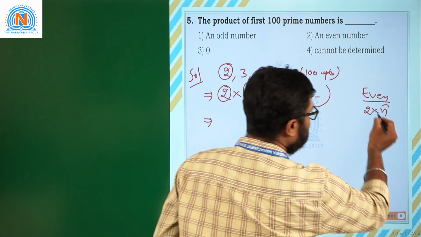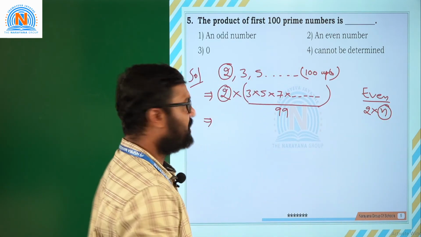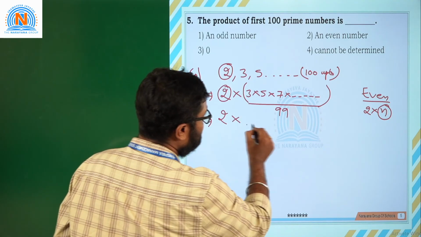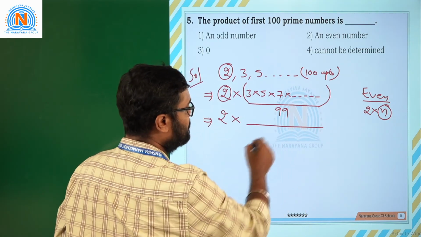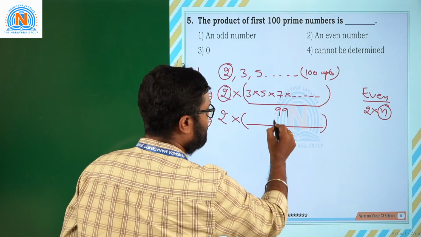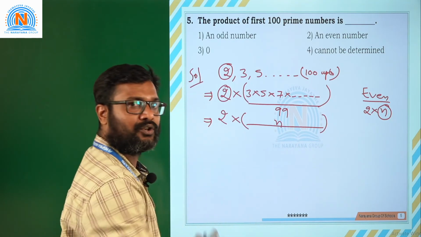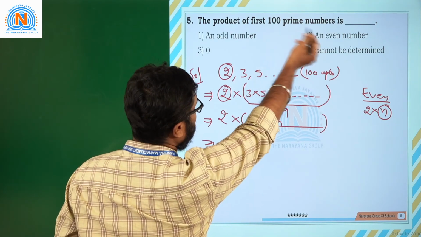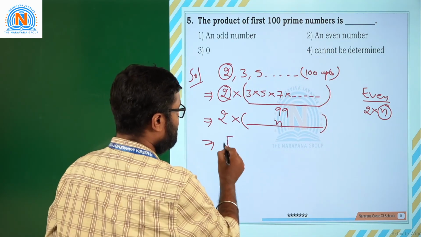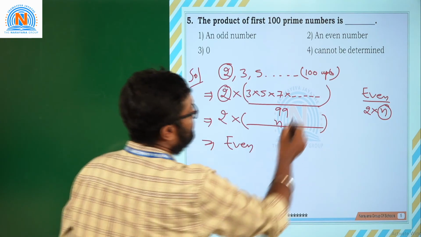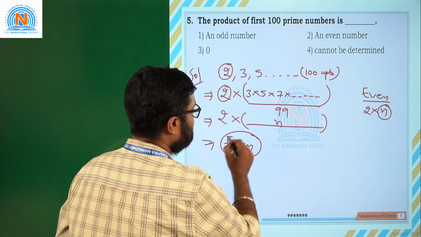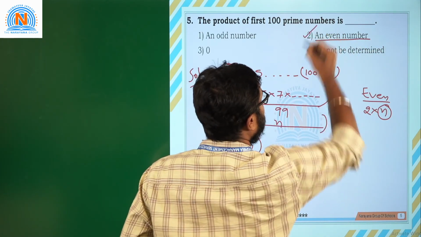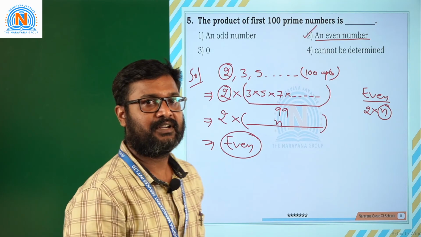So here also this 2 stays as it is, into the product of the 99 numbers, which I am taking as n. So 2n is nothing but an even number. That means the product of the first 100 prime numbers is an even number. So an even number is the required answer. 2 is our option, isn't it? 2 is our option.